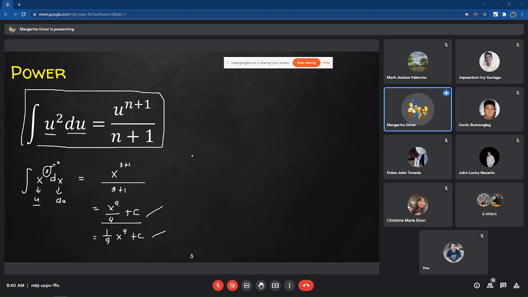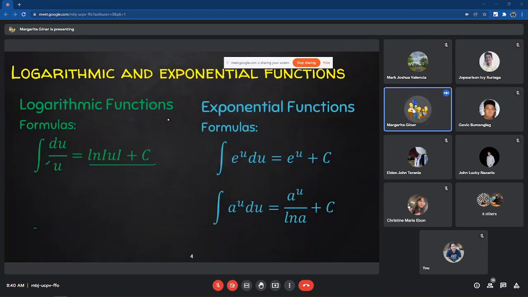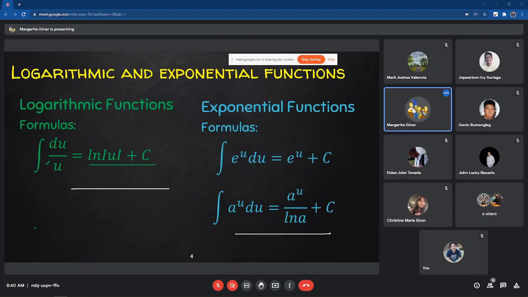Okay, by the way, kindly copy this first, anay. You copy all the formulas. So this is power rule. Okay, ari ang logarithmic and exponential. So this is logarithmic, and this is exponential. So kindly copy first the formula.